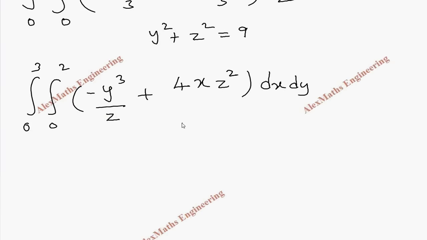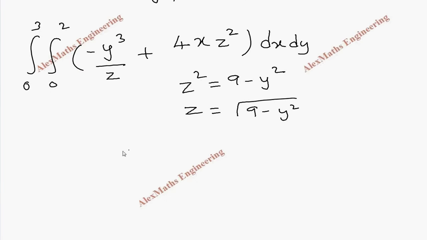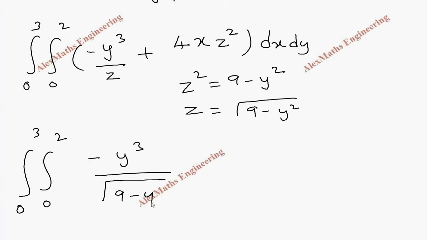So we have to replace z from the equation. z square is 9 minus y square and z is root of 9 minus y square. So when we substitute, this is integral 0 to 3, integral 0 to 2 of minus y cube divided by root of 9 minus y square plus 4x into z square, which is 9 minus y square, and we have dx dy.